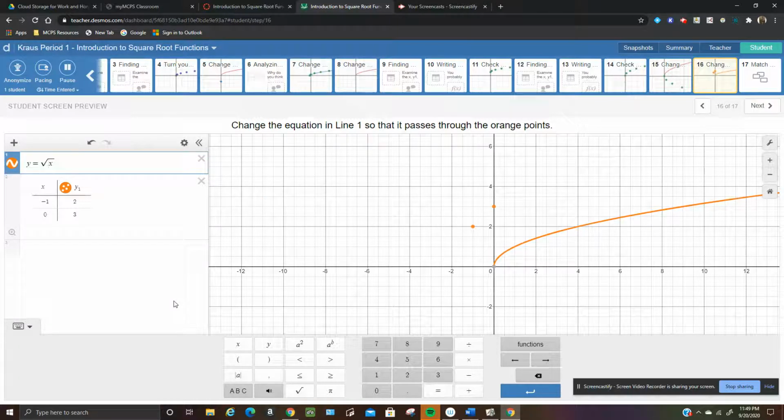So we want to change this endpoint to -2, 2. So add 2 under the radical and add 2 outside the radical.